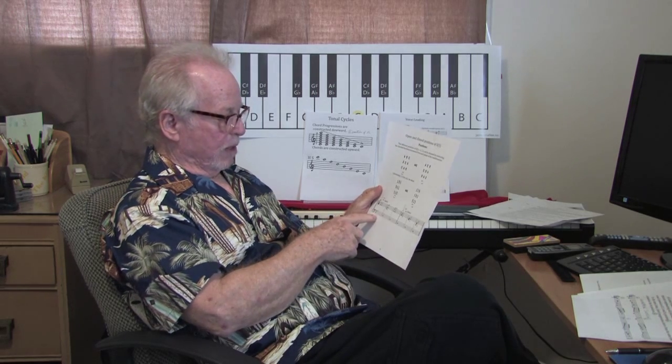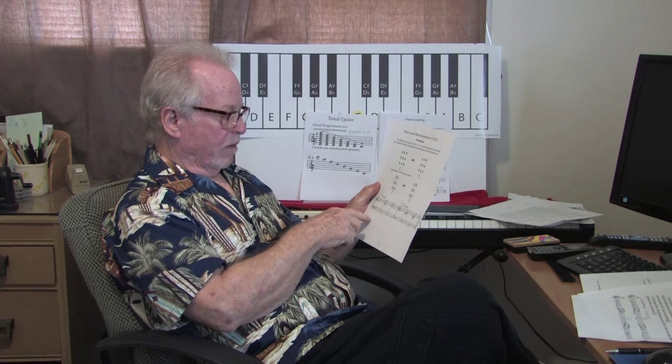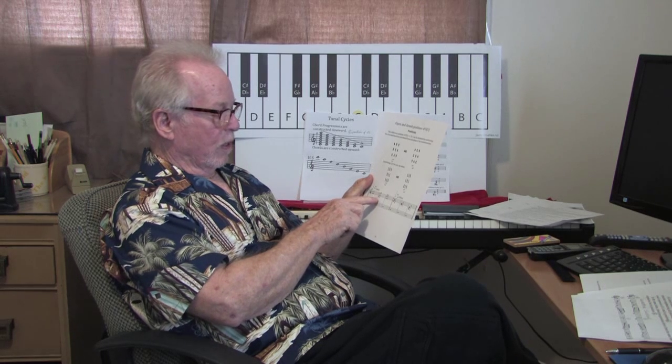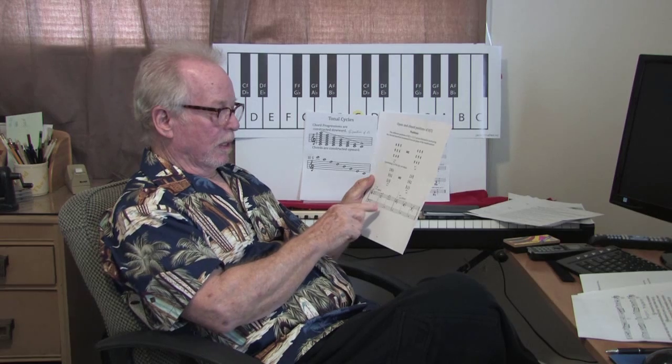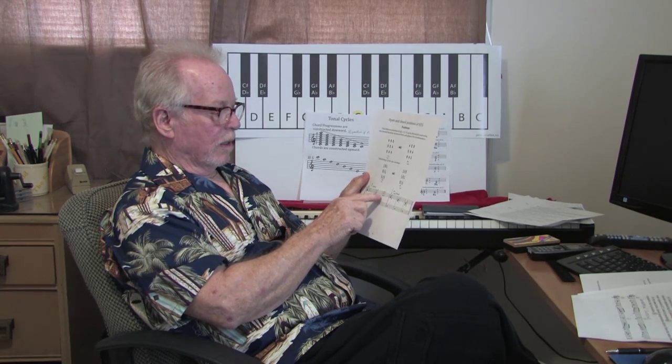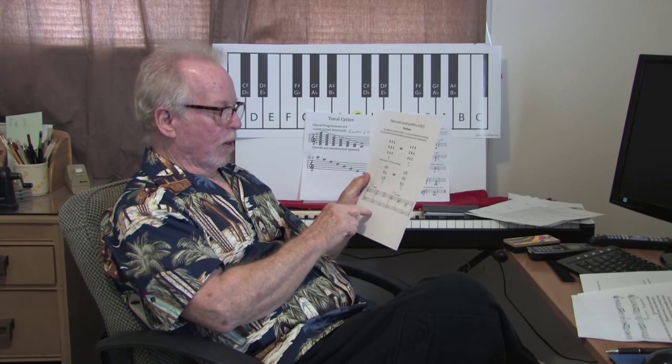And right here describes the position of the chords. The root, the third, the fifth, the root. The third, the fifth, the root. The fifth, the tonic, or root. The third, and the tonic.